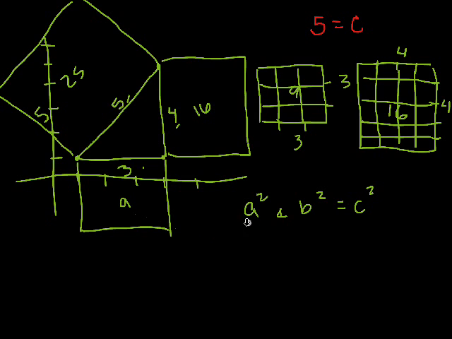So 9, that's 9 from this, plus 16 equals 25. That is the basic idea of why the Pythagorean theorem works and how you can use it.